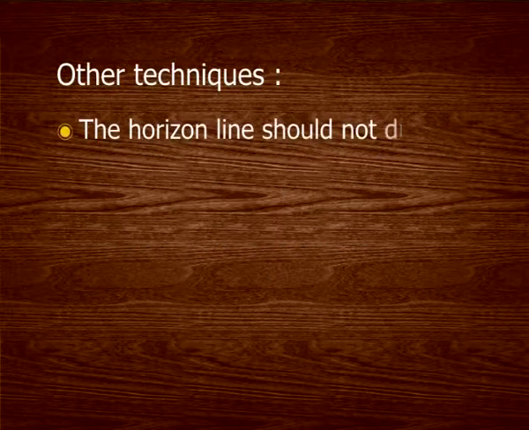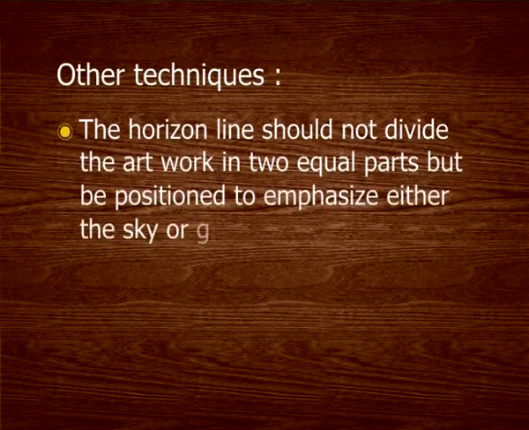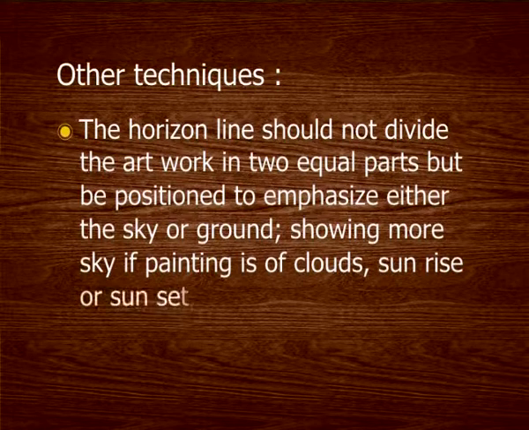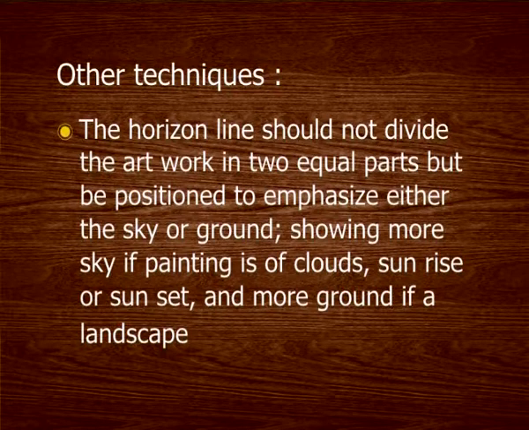The horizon line should not divide the artwork in two equal parts, but be positioned to emphasize either the sky or ground, showing more sky if the painting is of clouds, sunrise or sunset, and more ground if a landscape. These principles can be means of a good composition, yet they cannot be applied separately but should act together to form a good composition.